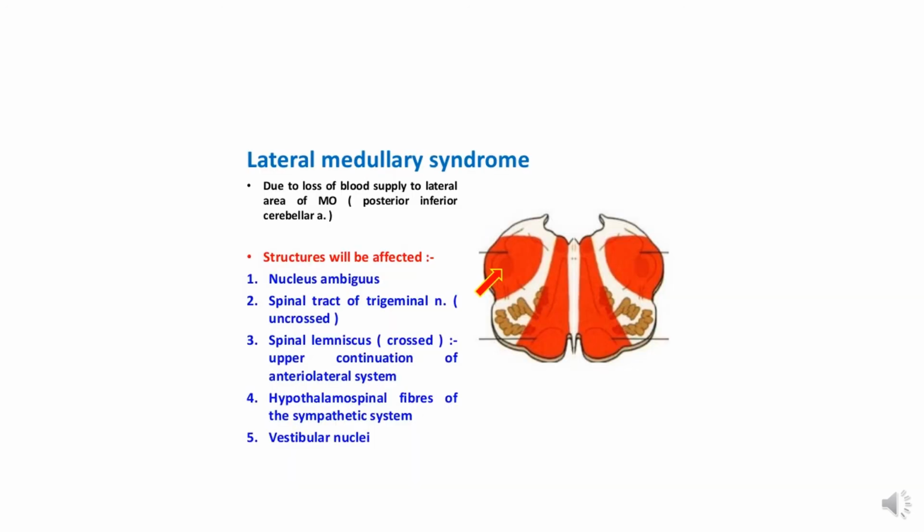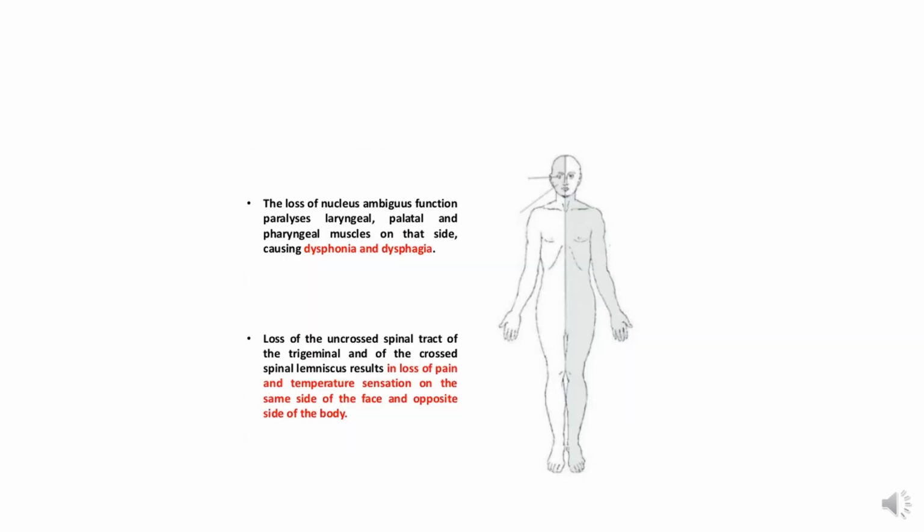You can see the structures affected will be the nucleus ambiguus, the spinal tract of the trigeminal nerve with uncrossed fibers, the spinal lemniscus, which are crossed, the hypothalamospinal fibers of the sympathetic system, and the vestibular nuclei. Loss of nucleus ambiguus function paralyzes the laryngeal, palatal and pharyngeal muscles on the same side, causing dysphonia and dysphagia.